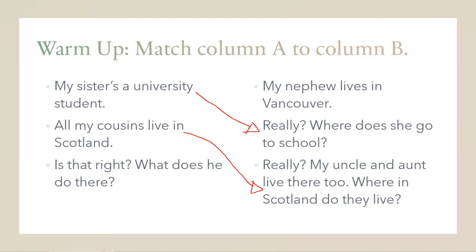You would say first, my nephew lives in Vancouver. If your partner told you this, maybe you would ask something about his nephew. So the answer would be this one.